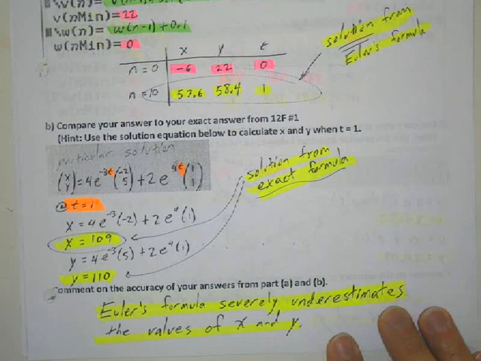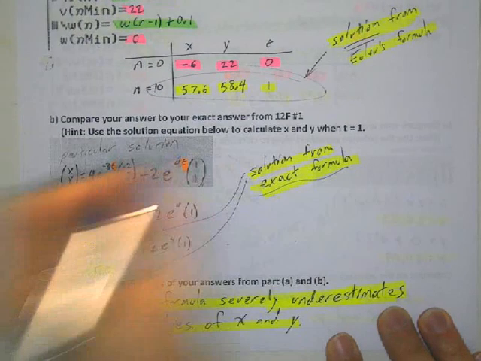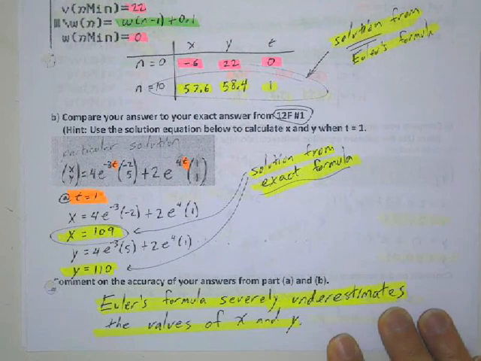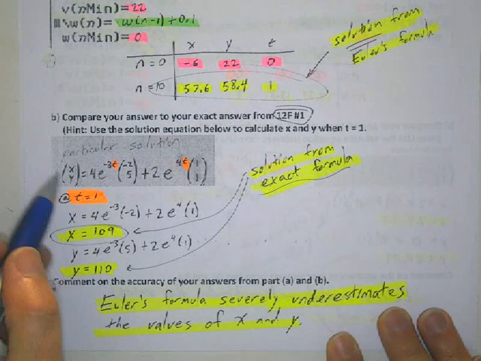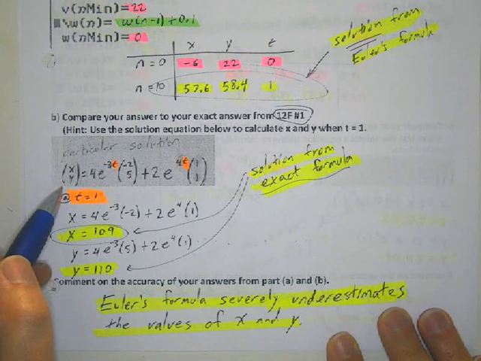For part B, they wanted you to compare your answer to what you did on the 12F number 1 handout, and the particular solution from that handout was this.